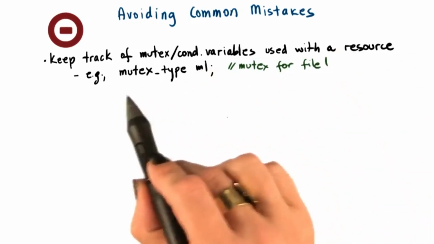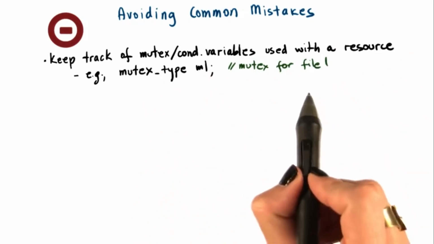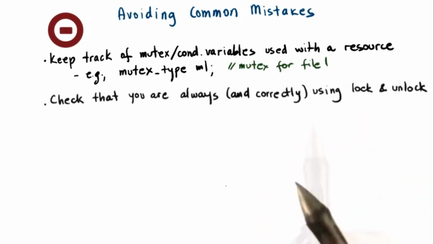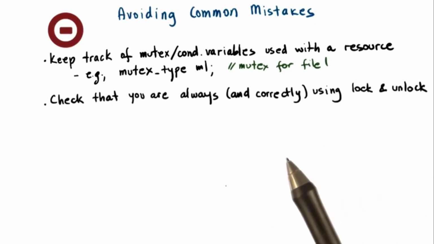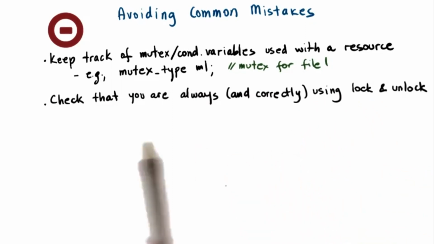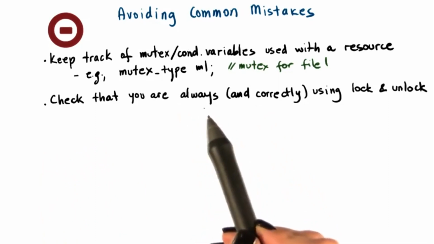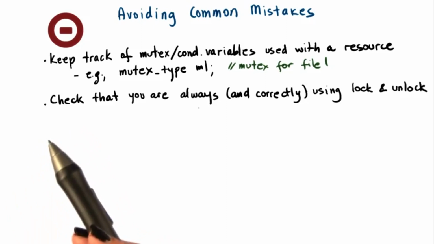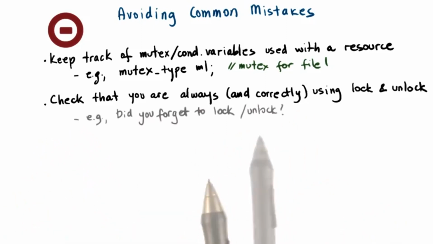For instance, you're creating a mutex M1 and you want to use it to protect the state of a file, file1. Next, make sure that if a variable or a piece of code is protected with a mutex in one portion of your code, you're always consistently protecting that same variable or that same type of operation with the same mutex everywhere else in your code.